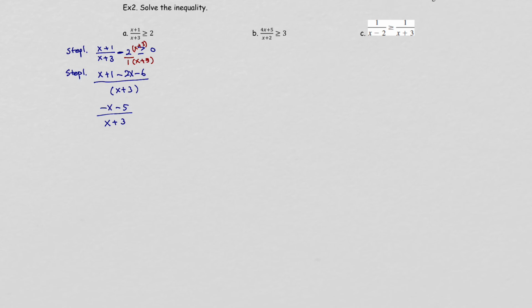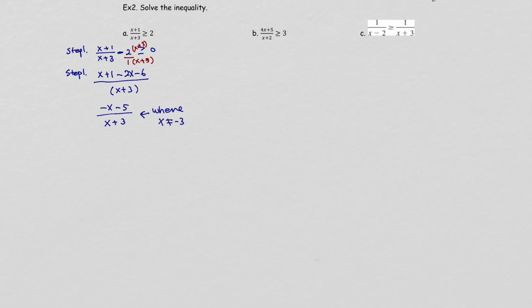From this, you're going to find the boundary points. In order to find the boundary points, you're going to let numerator equal to 0, denominator equal to 0. But before I do that, I wanted to make sure from this shape, you will understand your restrictions will be x cannot be equal to negative 3, right?